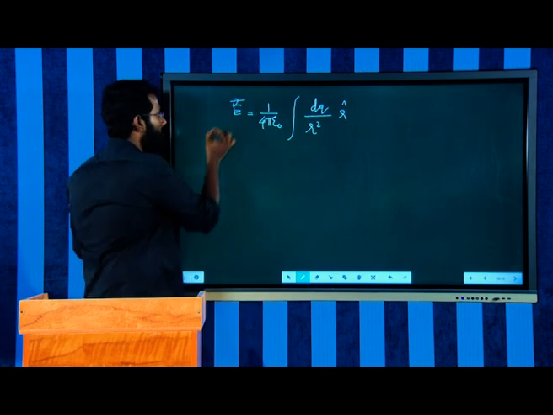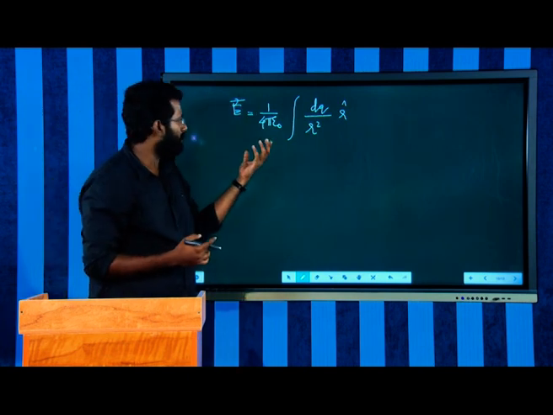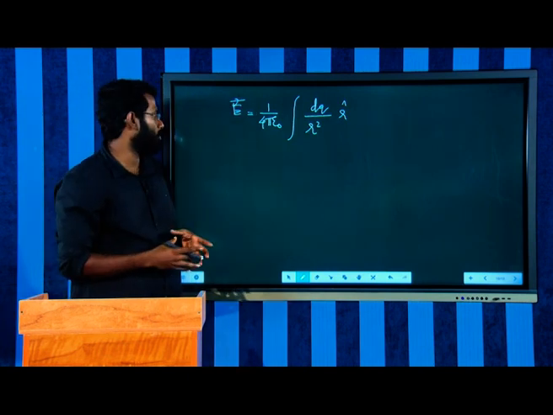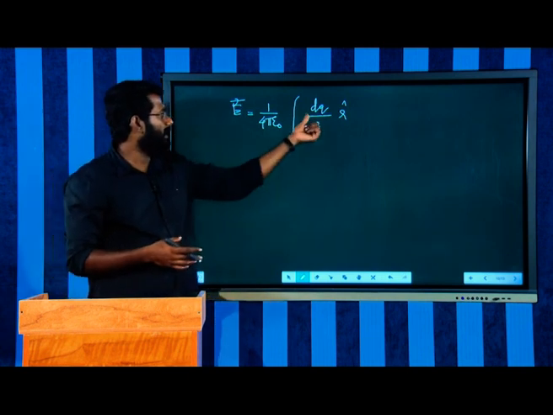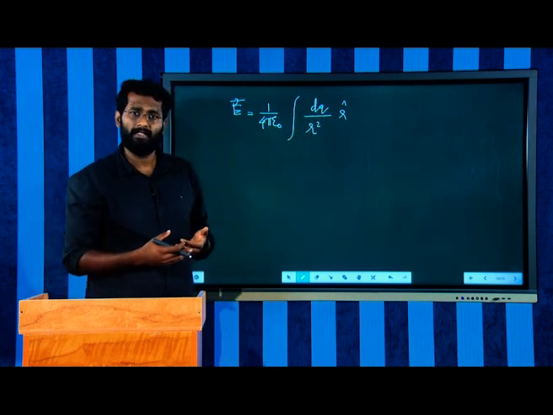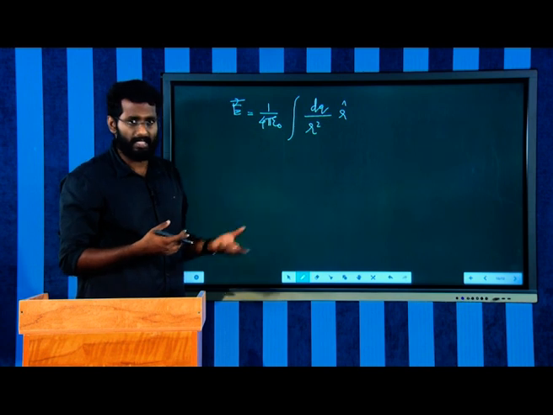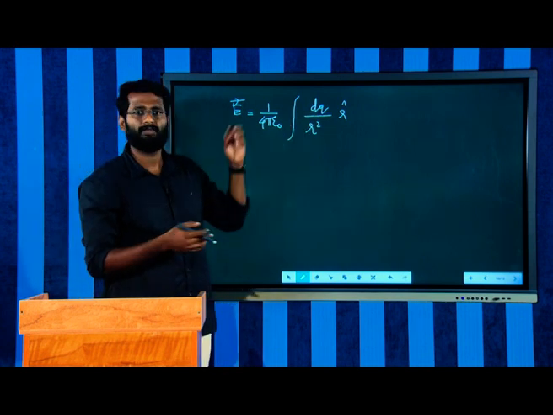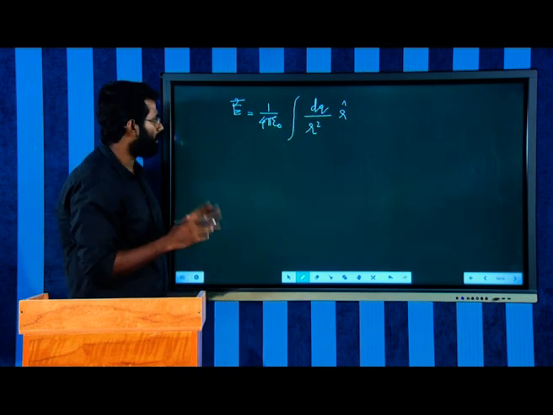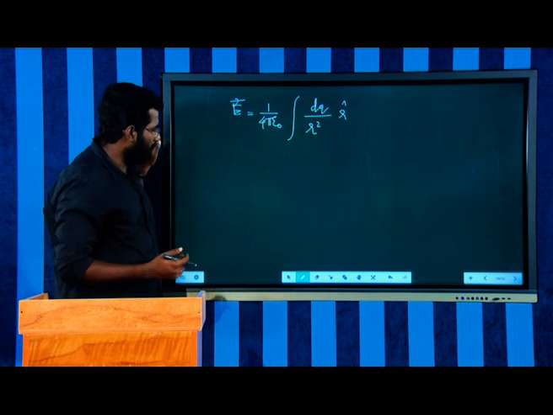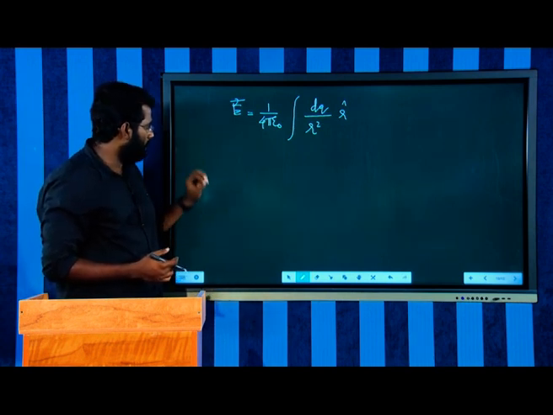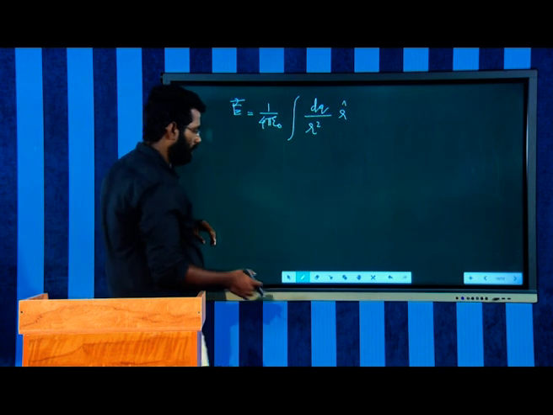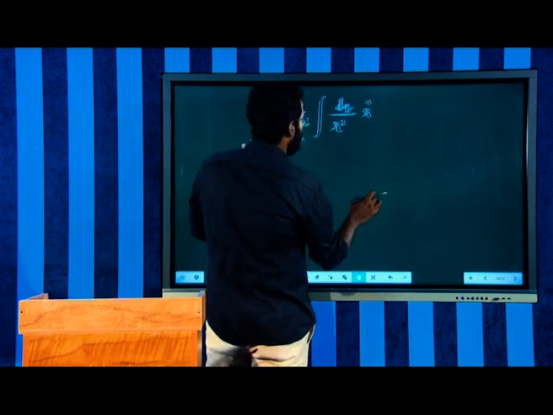Just evaluate this equation to get the value for any kind of distribution, and we can replace dq with lambda dl or sigma dA. That means we can replace it with the charge densities. That is what we are talking about. Now, here we are doing a problem using this equation.